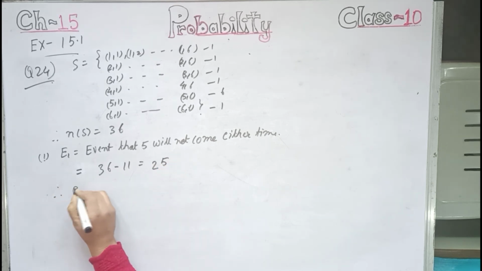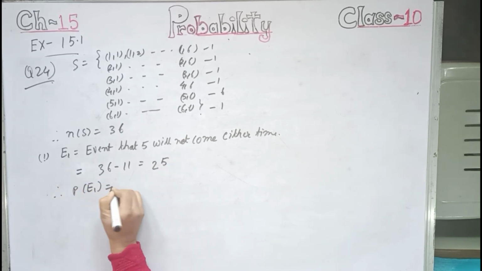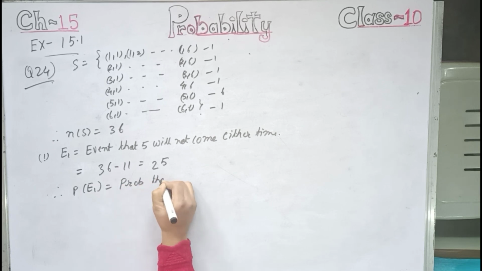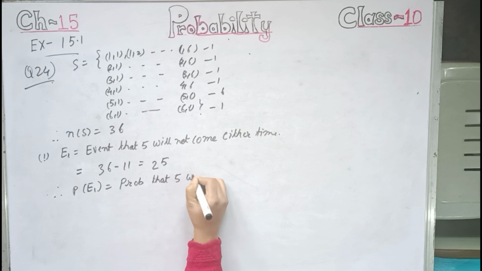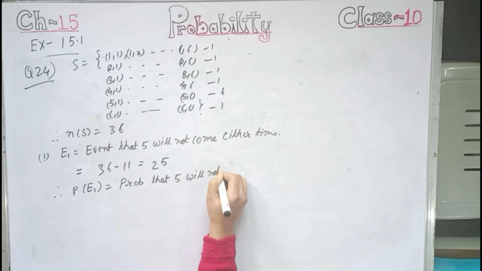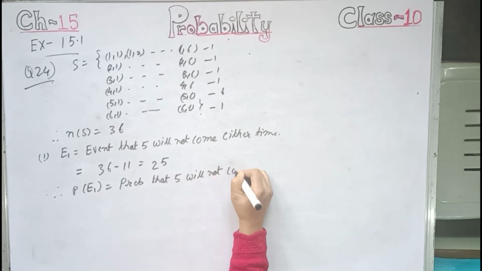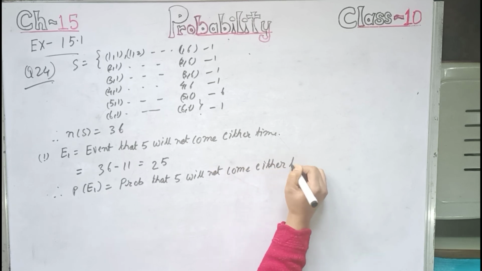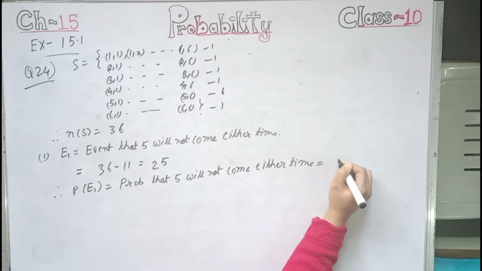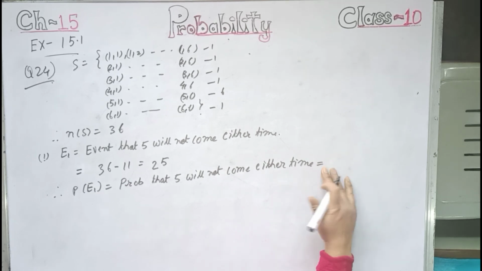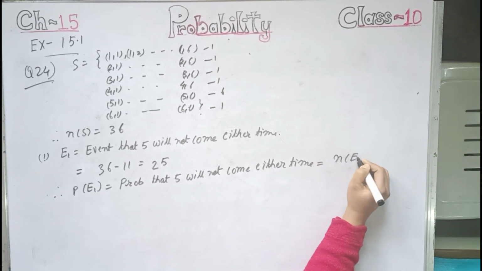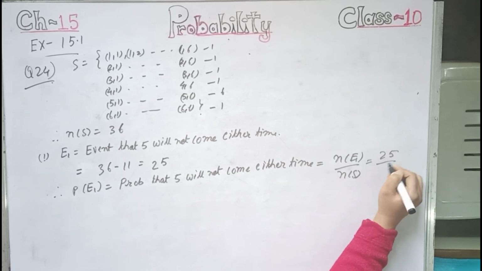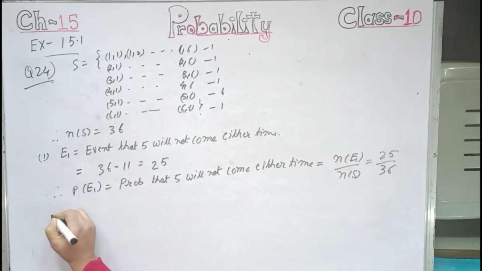Therefore P(E1), the probability that 5 will not come up either time, equals NE1 by NS equals 25 by 36.